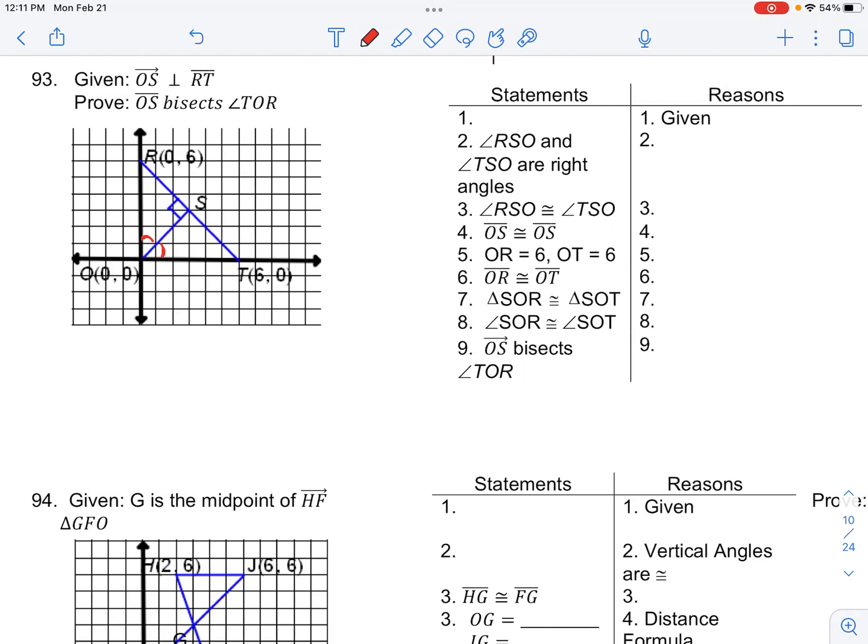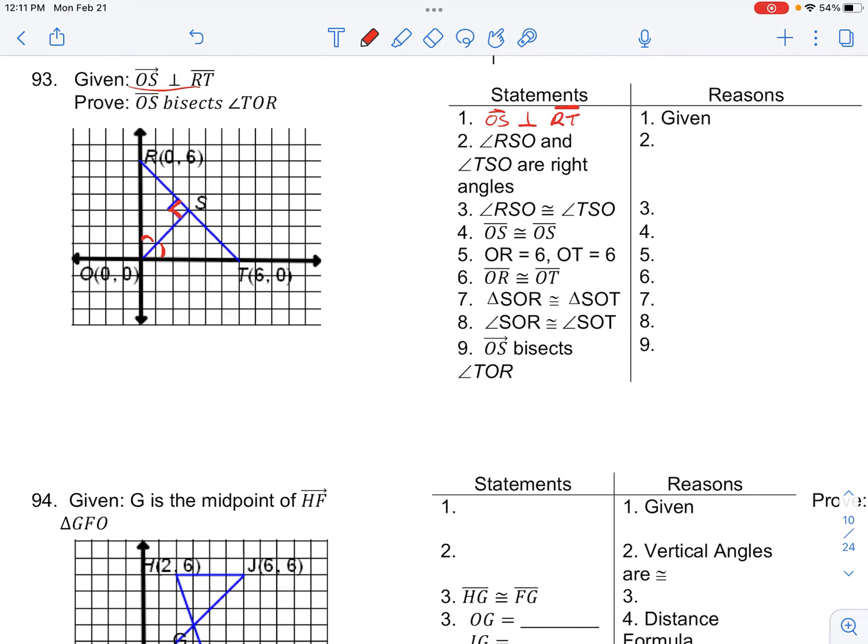So, okay, number one, we have a given. We're given that OS, the ray, is perpendicular to the segment RT. So number two, we have angle RSO. RSO is this angle here.